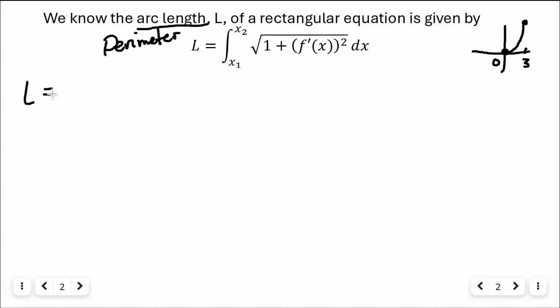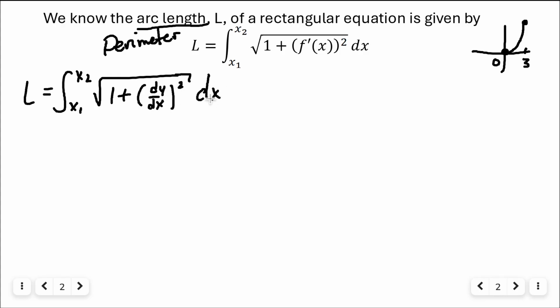So let's come over here. We're going to say L is the integral from x1 to x2, the square root of 1 plus f prime of x, which is just another way to write dy dx. I'm going to write that first because I think that sets us off in a good direction. But what is dy dx if I'm in parametric form?